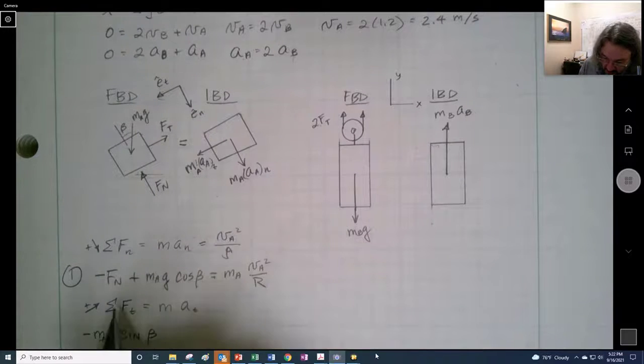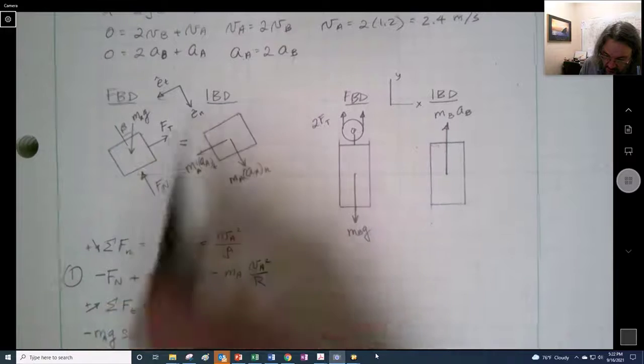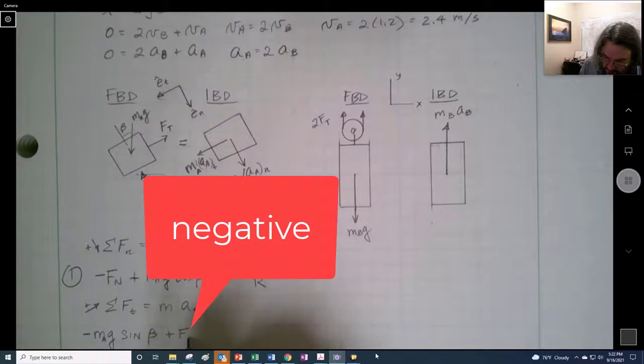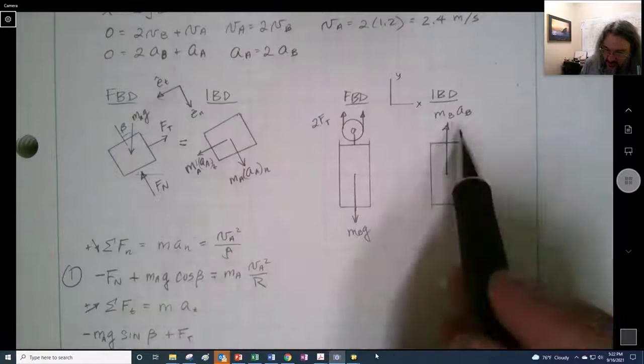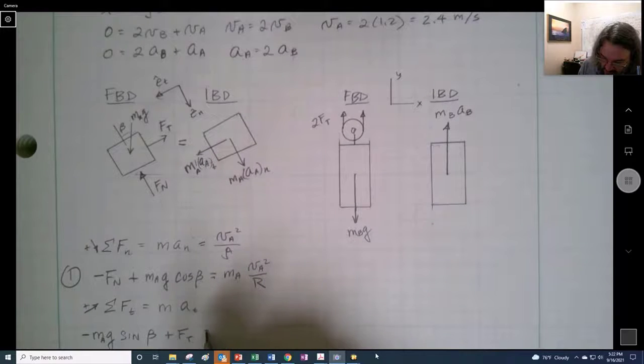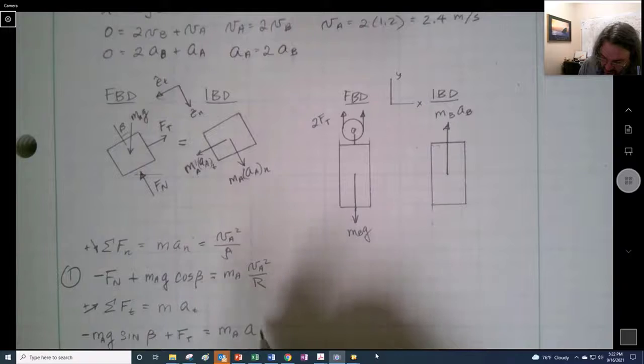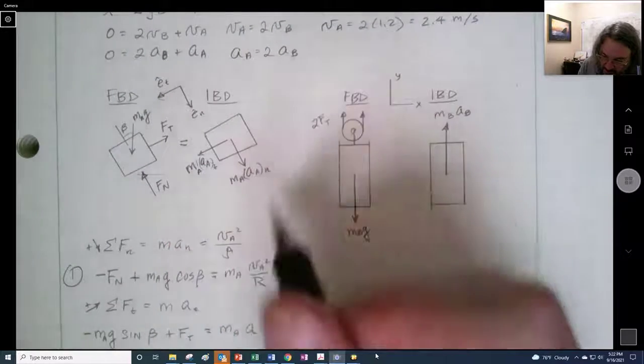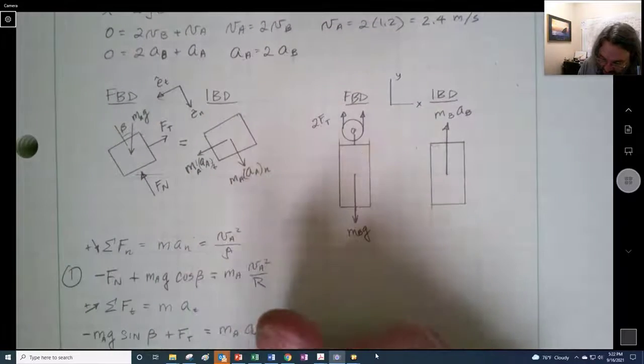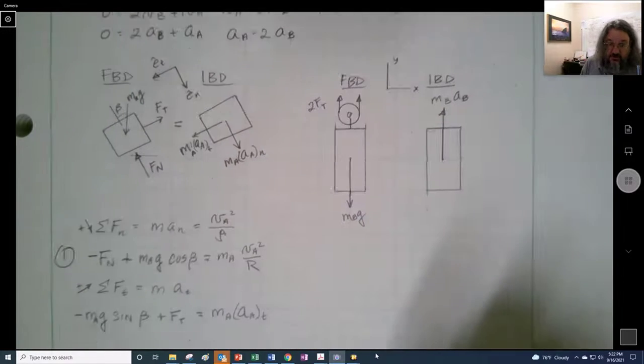And then we're going to have the tension, and that's really the thing that links these two together, is going to be equal to mass of A times the acceleration of A. We could just call it m_A a, but let me keep going and say that it's the tangent right in there.